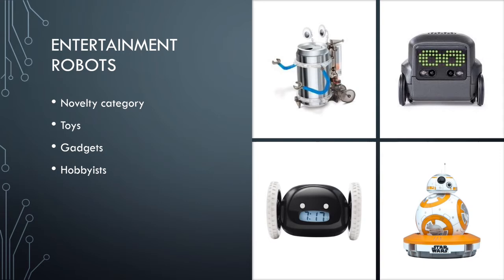I'm sure most of us have some sort of little robotic toy or gadget in our home, especially if you have children. And then there are hobbyists as well who spend a lot of time designing and developing robots for different things. It could be robot battles, or robots performing specific tasks. There are robotic competitions, things like that. So we're seeing robots find their way into even our daily entertainment.